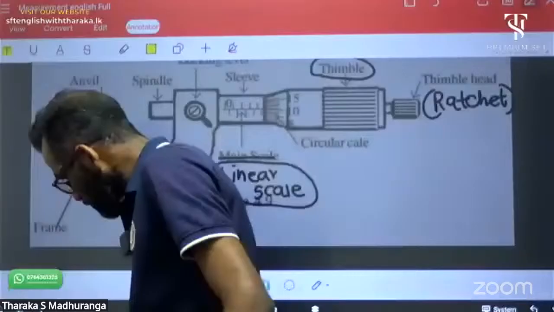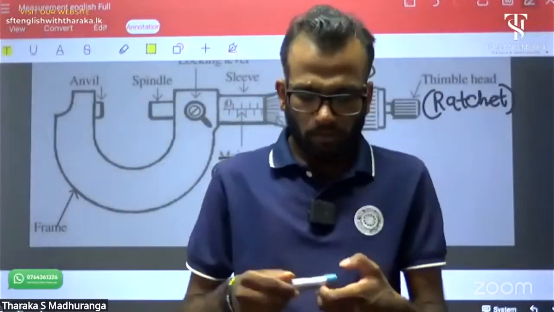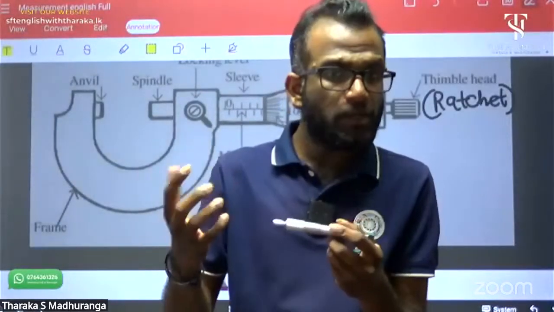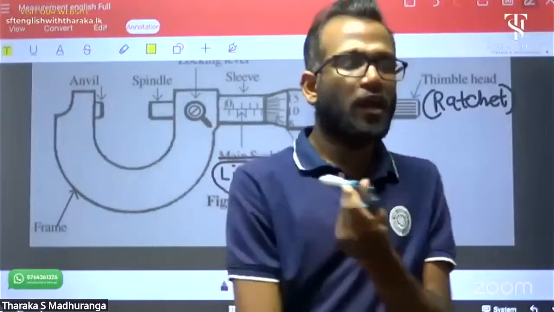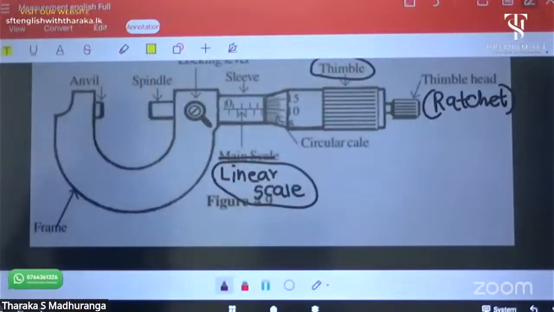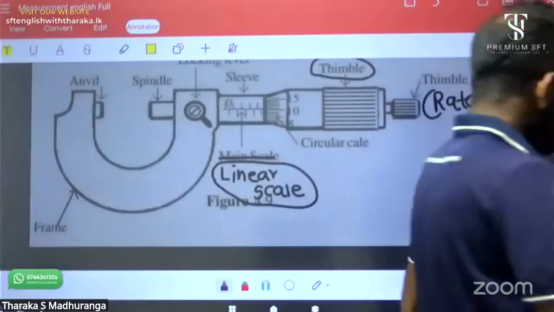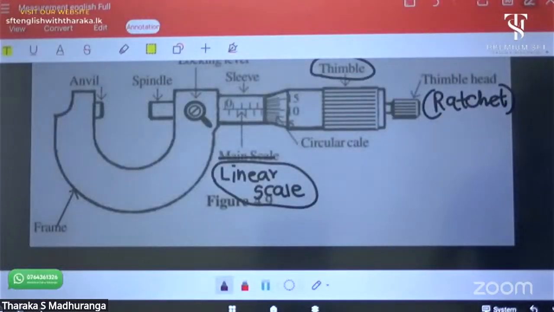Okay. Now I will show you how to get any reading using any measurement using this micrometer screw gauge. I will take an object, right?